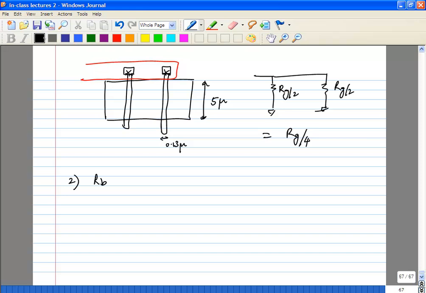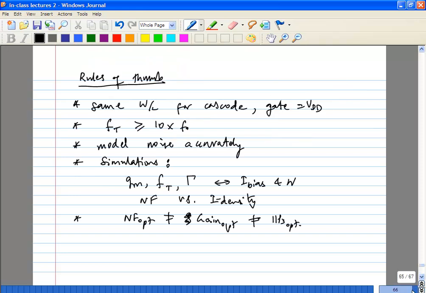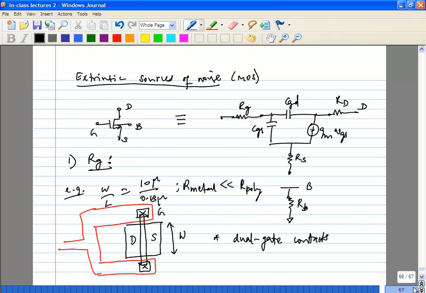How about bulk? This probably won't affect you, but this is the other thing which is usually most important in an RF layout. If you look at the layout, let's go back to our layout. You have the gate, drain, source. Where's the bulk?